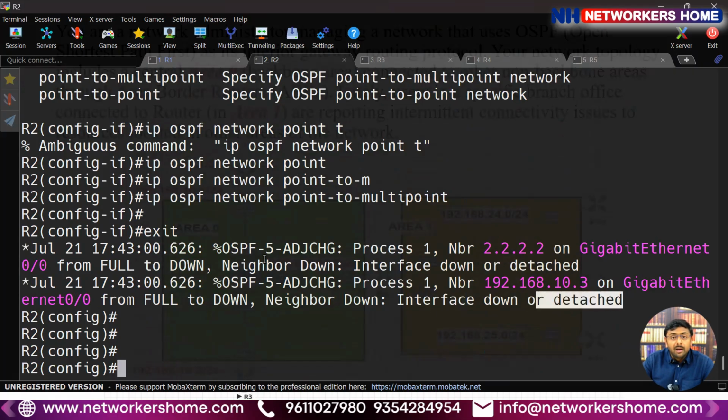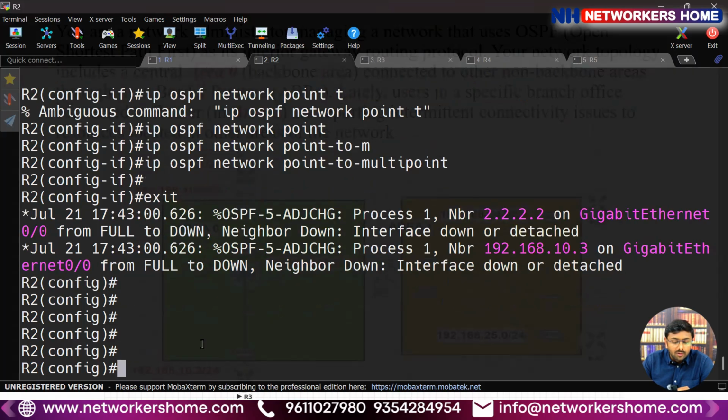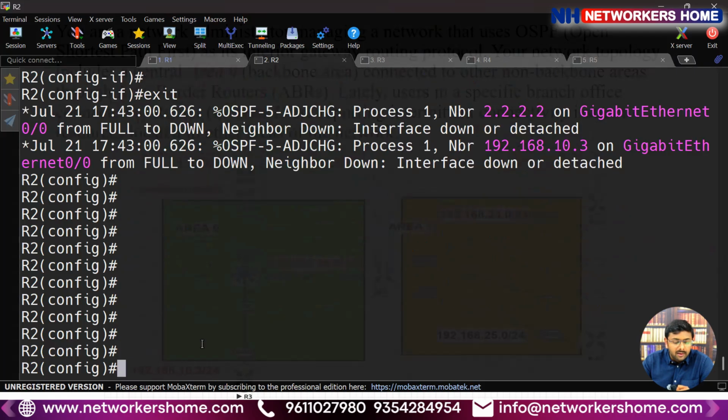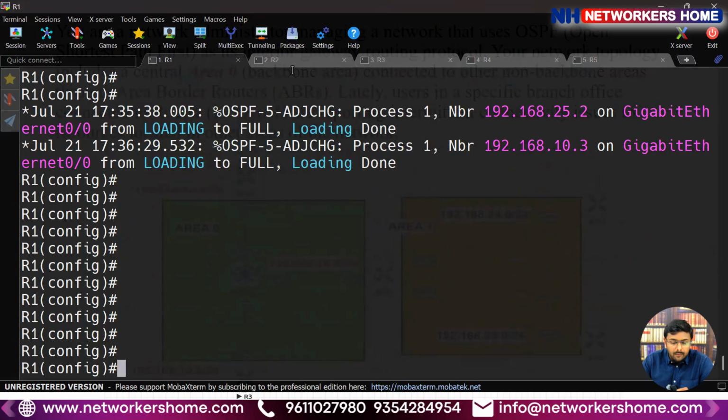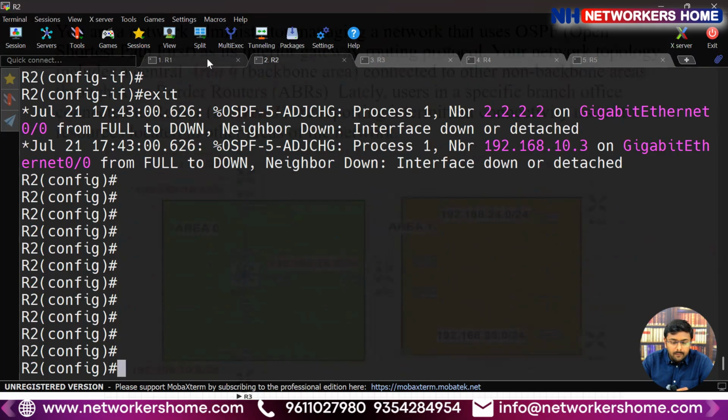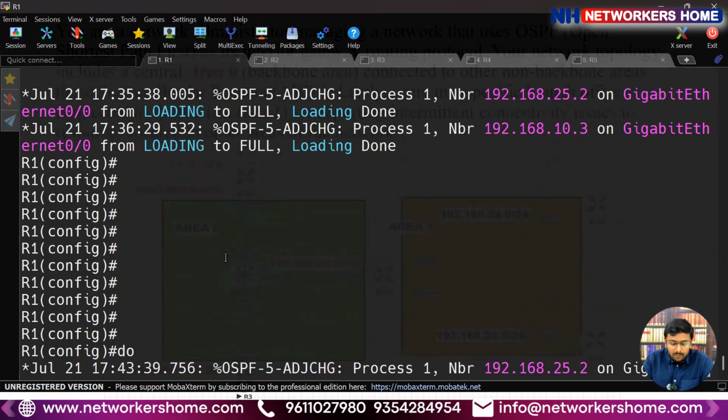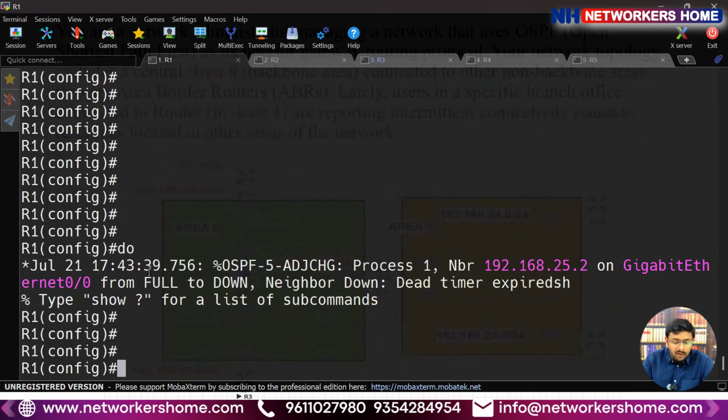So there can be multiple reasons where my router sitting in area 1 is unable to receive the information from the router sitting in area 0. In that, we can have this case also, where the network type is not the same. Because if you check on the router 1, do show, see it is telling you full to down.